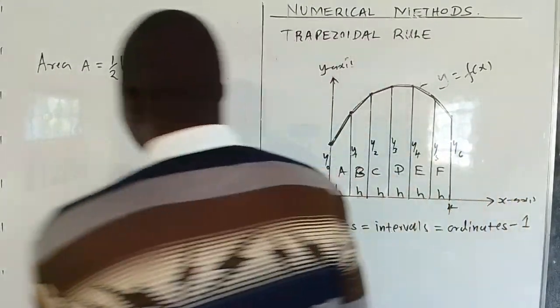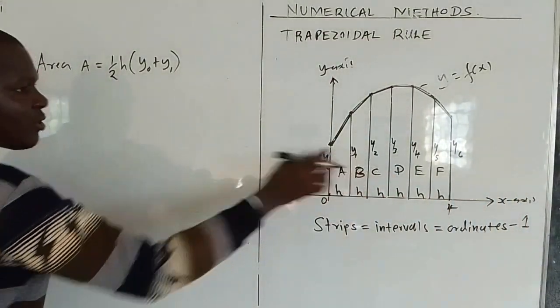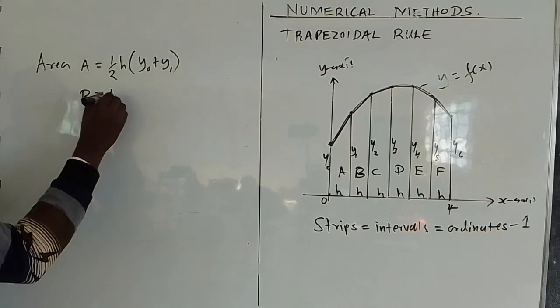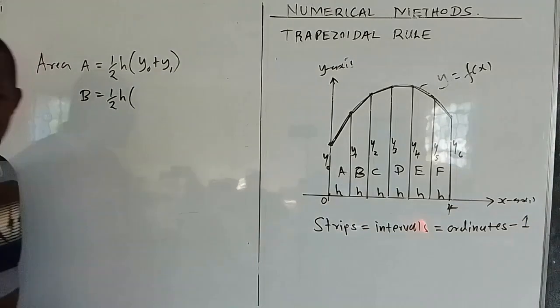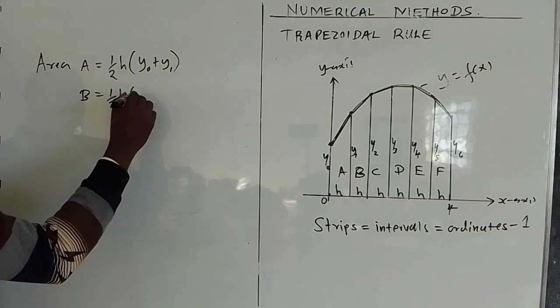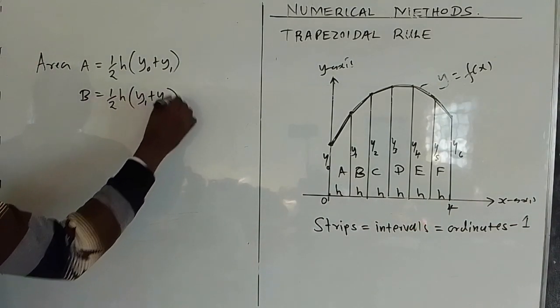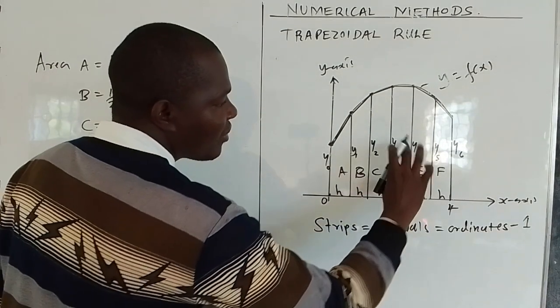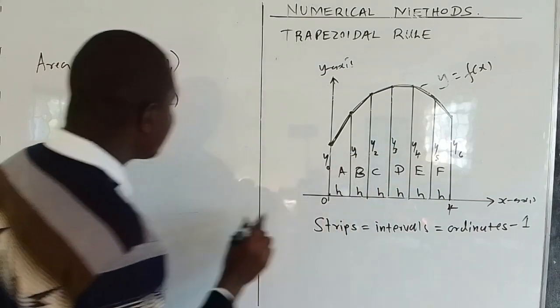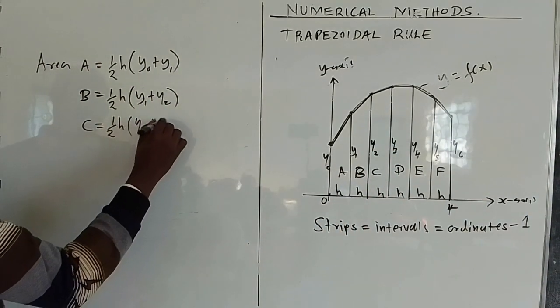You go to the next part. For this part B, what is the area? It is half h into (a plus b), half h (y1 plus y2), isn't it? Then the area of the next part C will be half h (y2 plus y3).